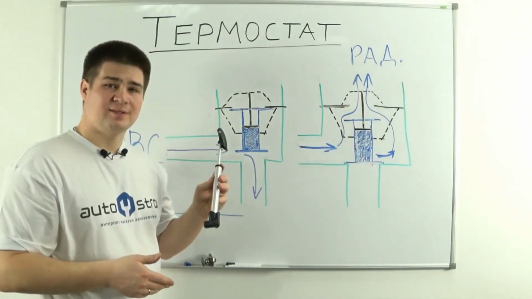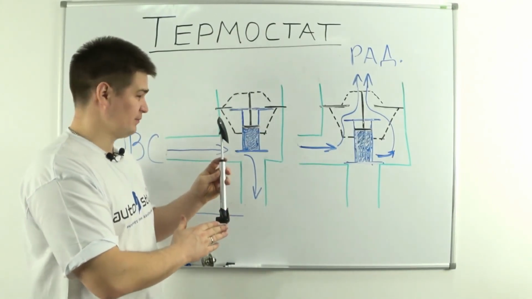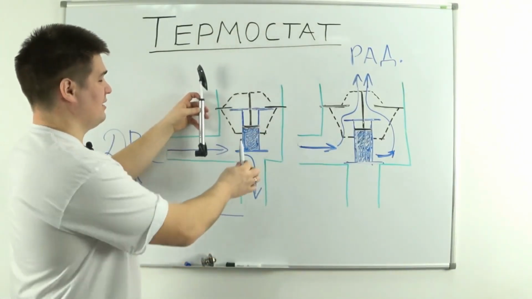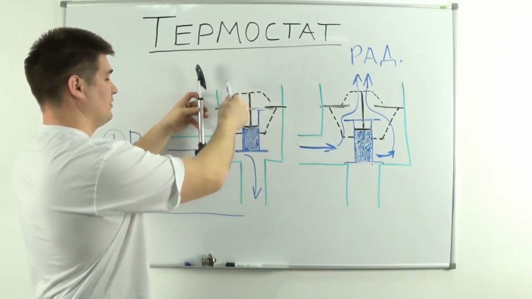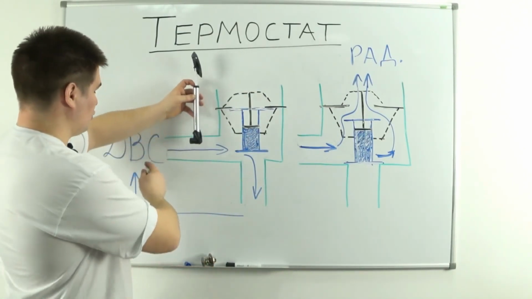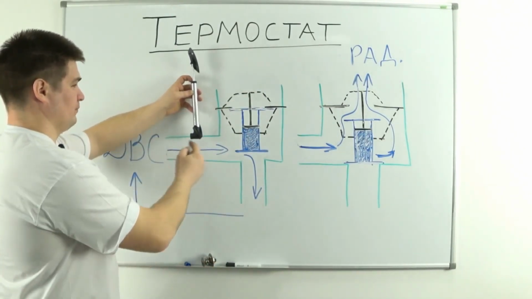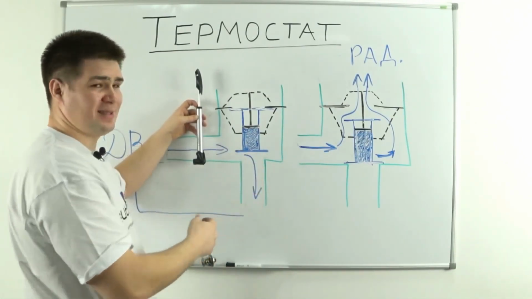This process can be demonstrated on the example of a conventional bicycle pump. Consider the first position, when the cylinder is at the top and covers this upper hole. In this case, they say that the thermostat is closed and the liquid, as I said, circulates through a small circle. During engine operation, the temperature of this coolant constantly rises.